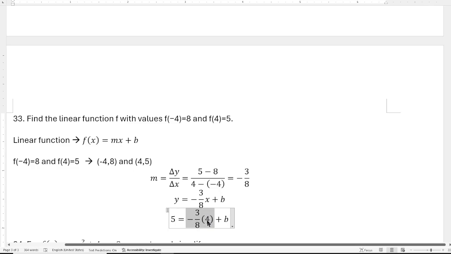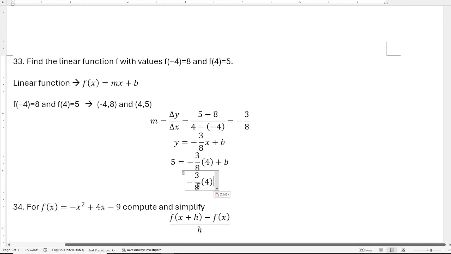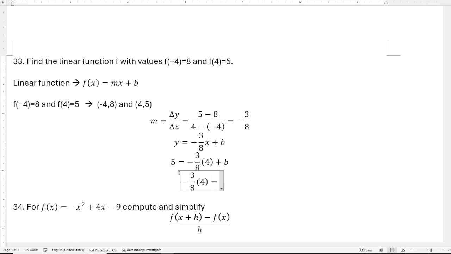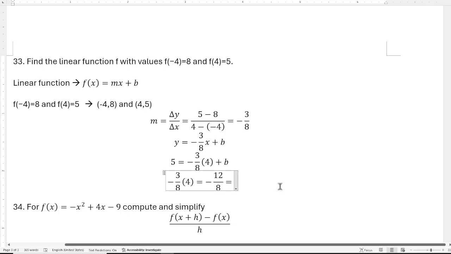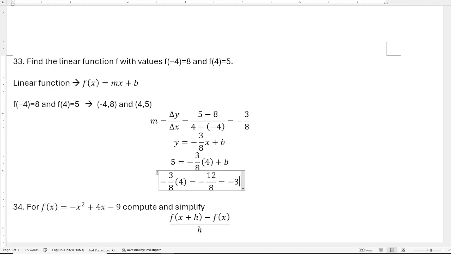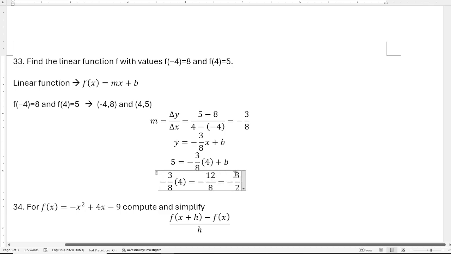Let's see, what is this thing? Negative 3 over 8 times 4: when you multiply a number to a fraction, it only gets multiplied to the top. And once you do that, you see the top and bottom are both divisible by 4, so that's negative 3 over 2. Right? If you divide 12 by 4, it's 3. 8 by 4 is 2.